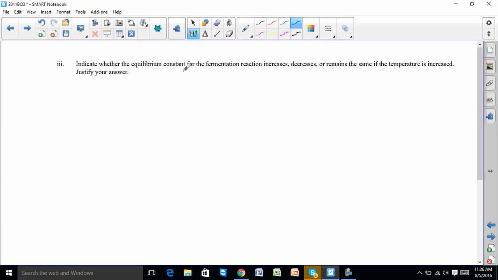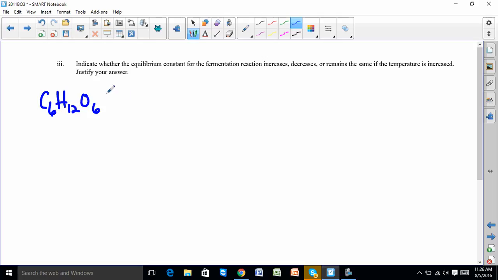Indicate whether the equilibrium constant for the fermentation reaction increases, decreases, or remains the same if the temperature is increased. This is kind of interesting. Let me write this down again. So, sorry, I already made a mistake. So here's what happens.